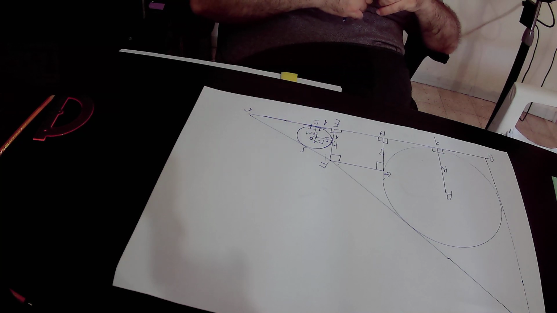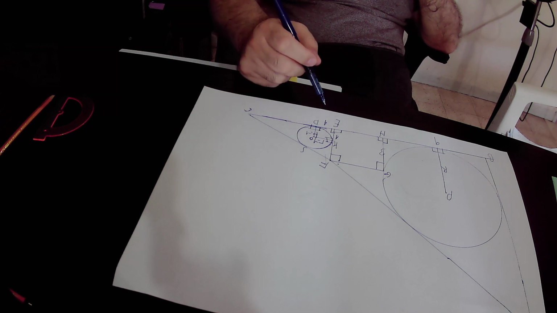And according to rule number 2, KF equals FS.